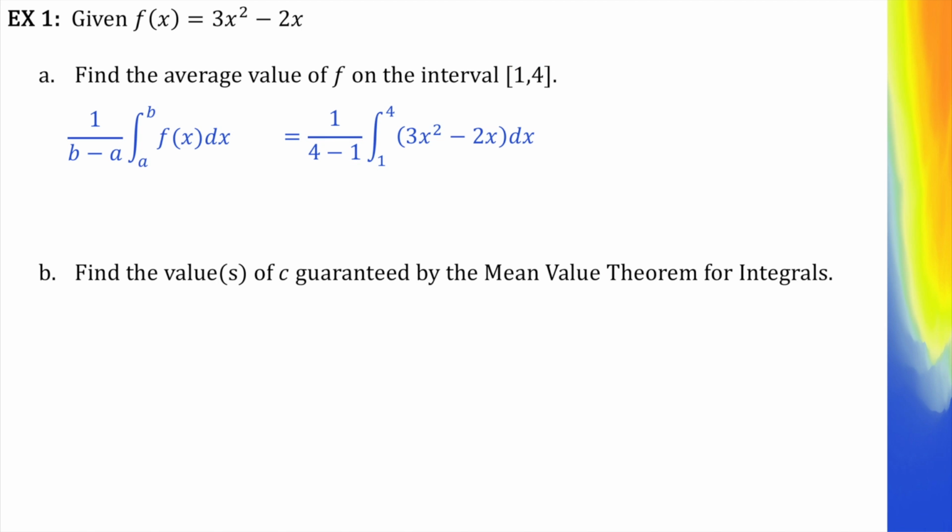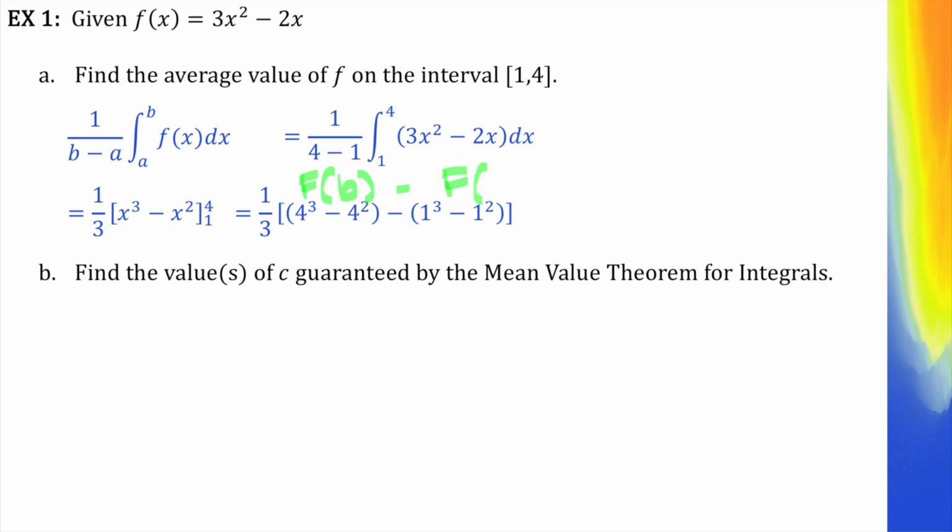All right, so let's go ahead and do this. If you find the antiderivative, you've got 1/3 x to the third minus x squared, evaluated from 1 to 4. So we've got 1/3 times, let's see, f of b minus f of a, which is 16. So that's the average value of f on the interval from 1 to 4.